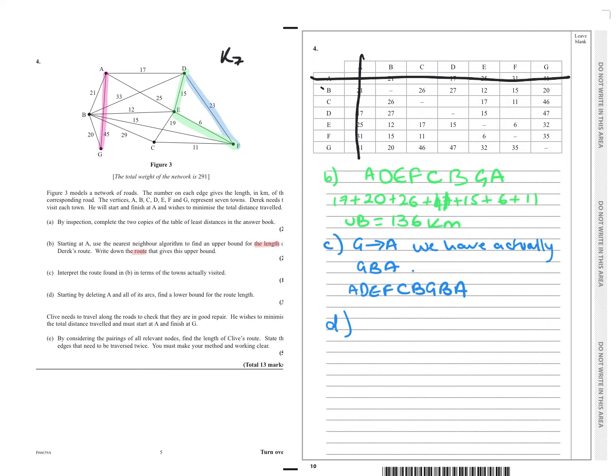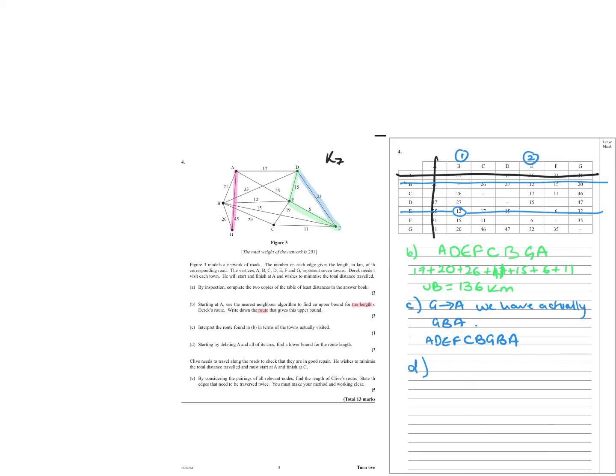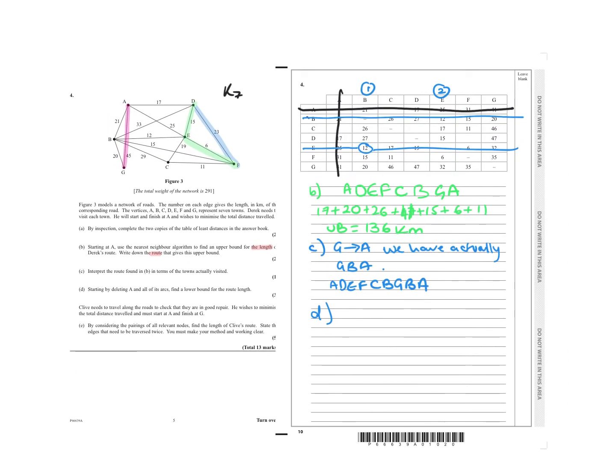So when I'm finding a lower bound, I'm going to use Prim's. So let's start at B. The smallest one from B is in fact 12, B, E. And then what do we have? 6, and that is E, F, which is 6.